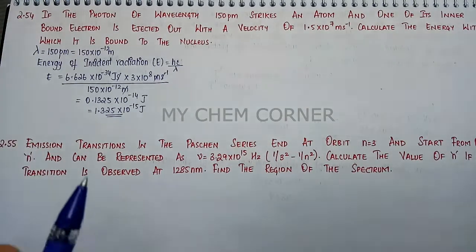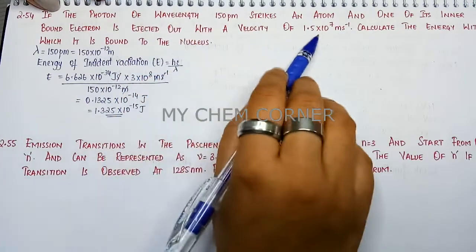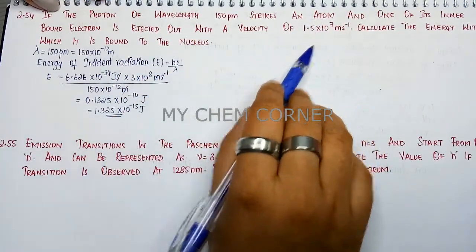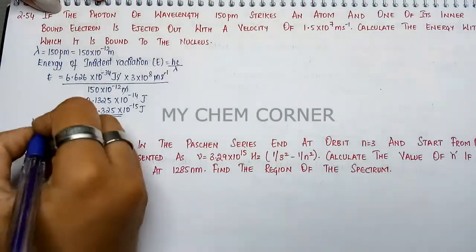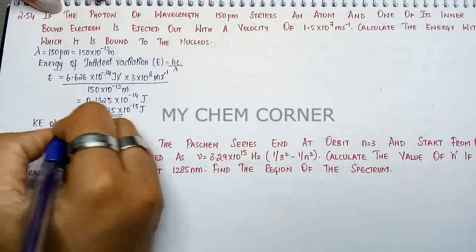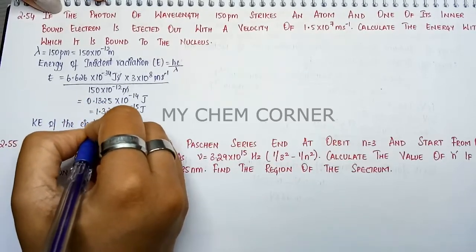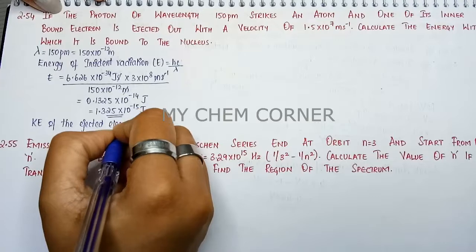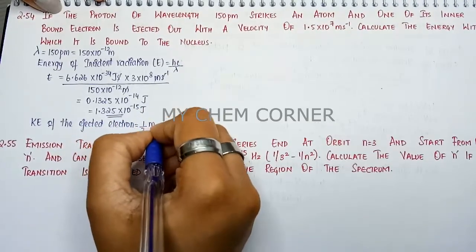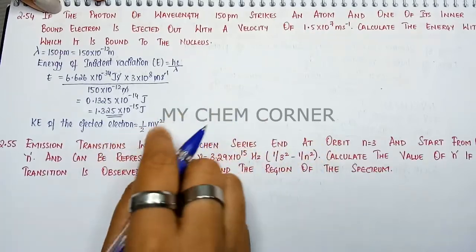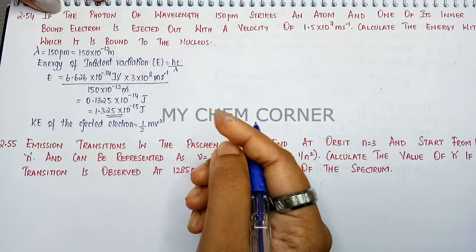Now we need to see what is the kinetic energy of the ejected electron whose velocity is this much. So for that we have to find out the kinetic energy. The kinetic energy of the ejected electron equals 1 by 2 mv squared. Here, because you're taking an electron, m is going to be the mass of the electron, which is a standard value.